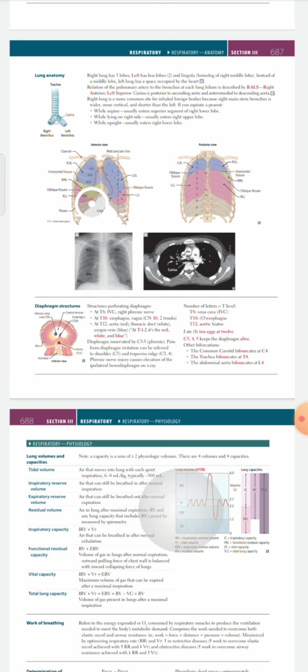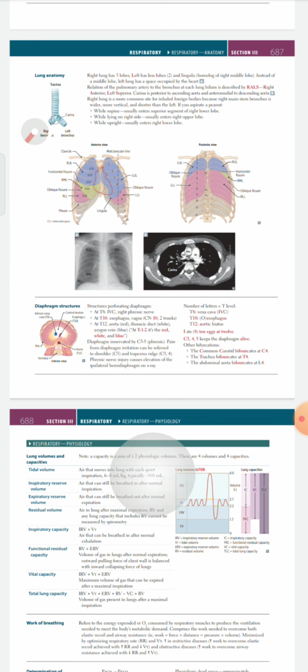The neurovascular structures are arranged between the ribs, located at the inferior portion of the ribs, arranged from superior to inferior as vein, then artery, and then nerve. So when you give an intercostal block, you have to infiltrate the upper portion of the rib to avoid neurovascular injury of the thorax.